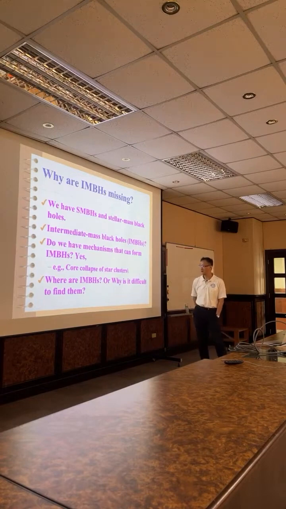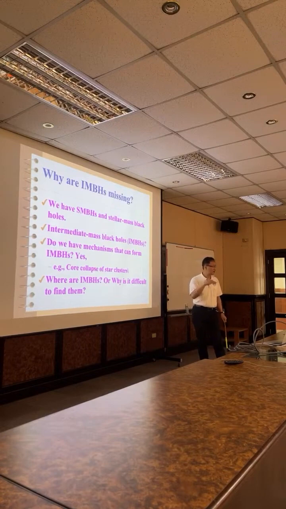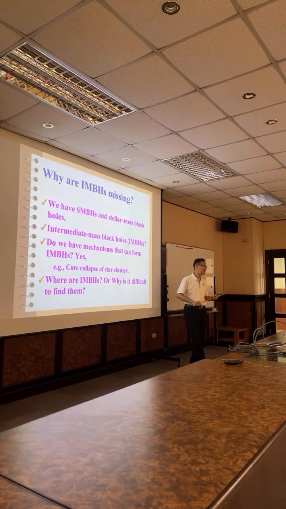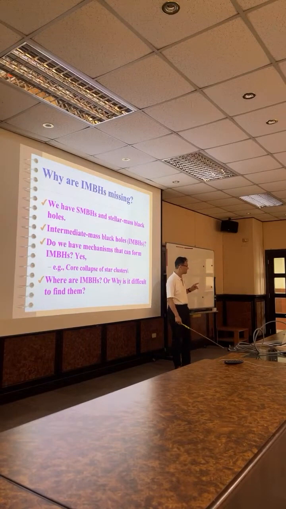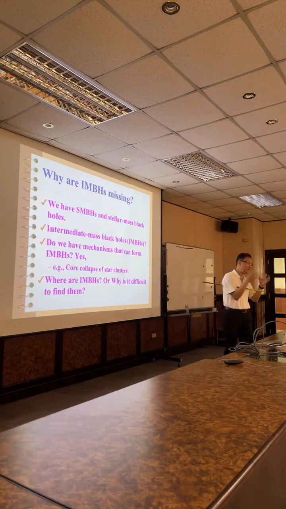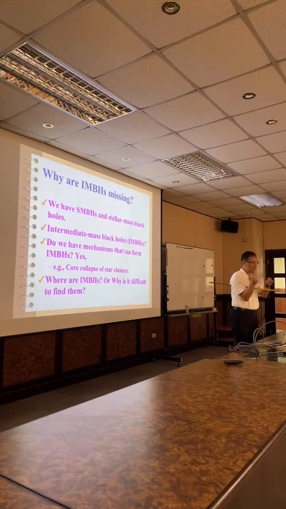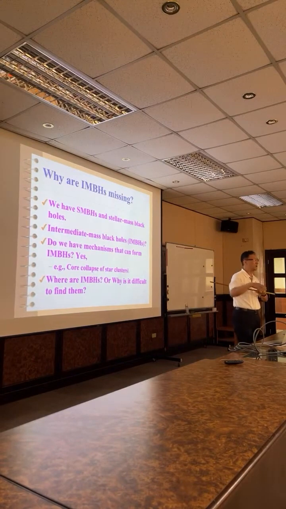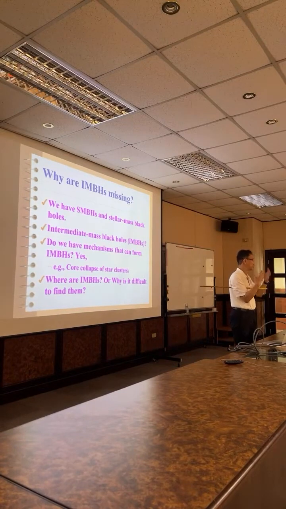Well, the first thing is, probably the mechanism to create them is prohibited, and we cannot create them. But that's not quite right, because we already know there are many mechanisms that can theoretically create intermediate mass black holes. For example, we have a cold collapse star cluster. If we have clusters that evaporate, then some of the stars fall into the center, and some of the stars run away because of energy conservation.